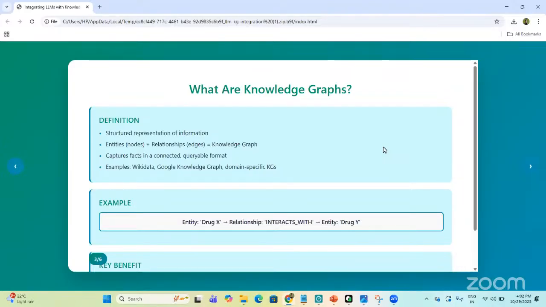For example, drug X interacts with drug Y. Instead of storing isolated facts, a knowledge graph connects information so that it can be queried, reasoned over, and validated. Examples include Google's Knowledge Graph and Wikidata. This structure allows us to ground responses in verifiable truth. So these are knowledge graphs.